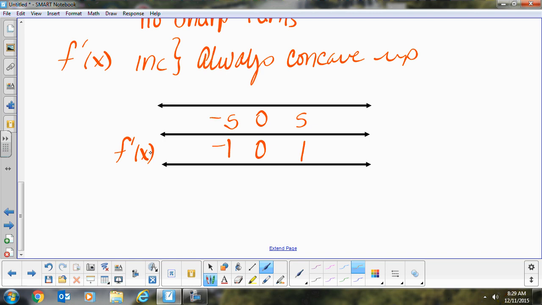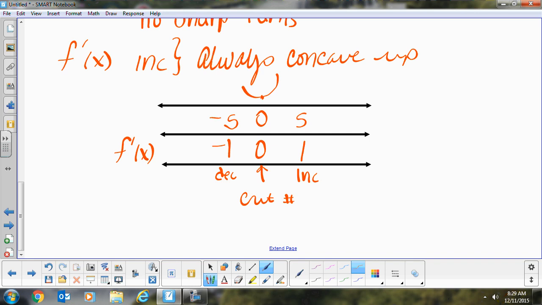So if we know f prime of x is negative, what is it doing here? It's decreasing at this moment, and what's happening here? It's increasing. And if it's always concave up, is this a critical number?